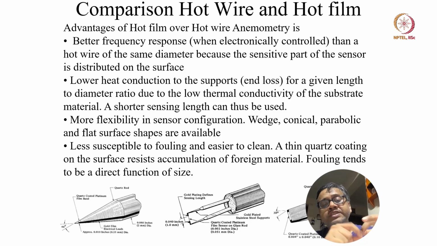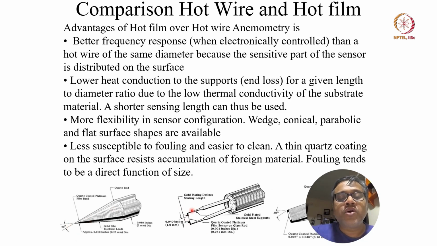It offers more flexibility in sensor configuration. That means you can make it a wedge, conical, parabolic, or a flat surface. This looks almost like a tool, like a chisel, but this part is what is actually coated with the film. So it is like a wedge that you incorporate in the flow. This is, for example, like a cone.